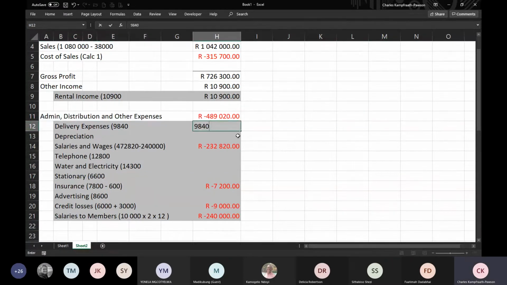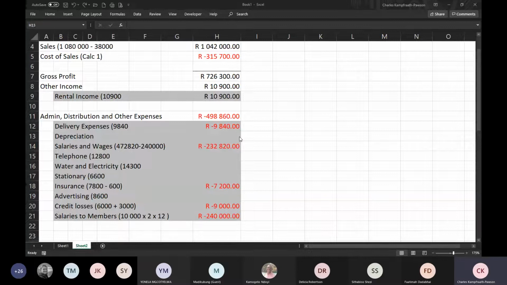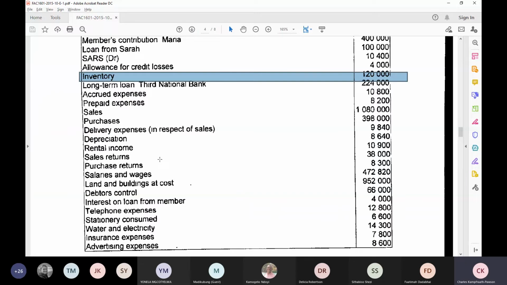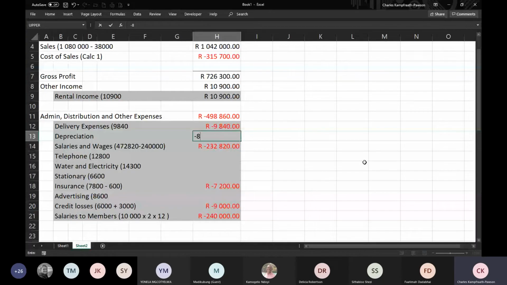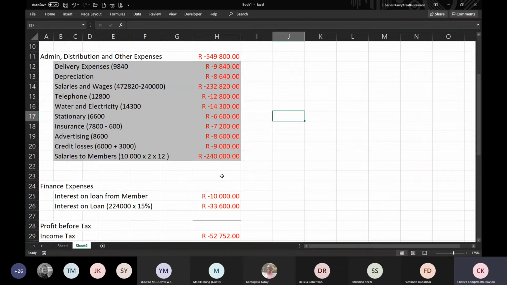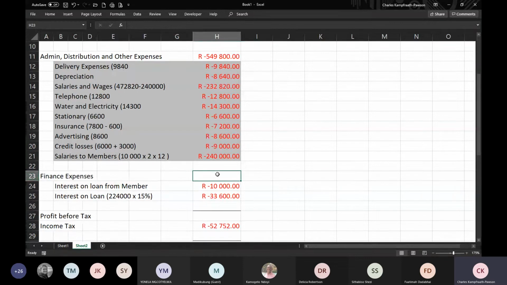Delivery expense 9840. Depreciation was given as 8640. Telephone, then we have our finance charges.